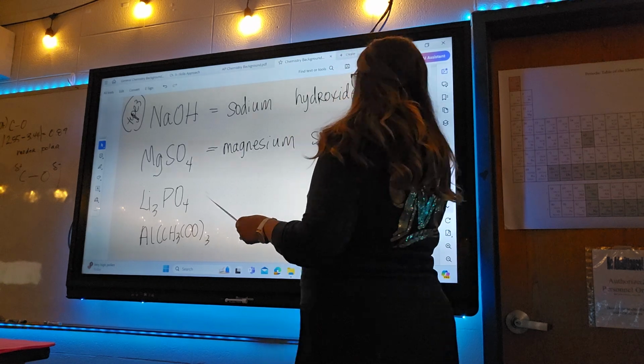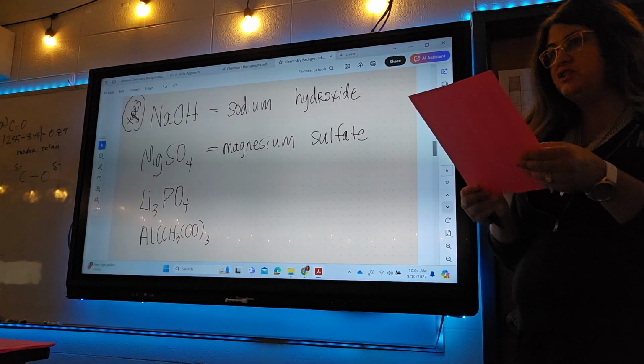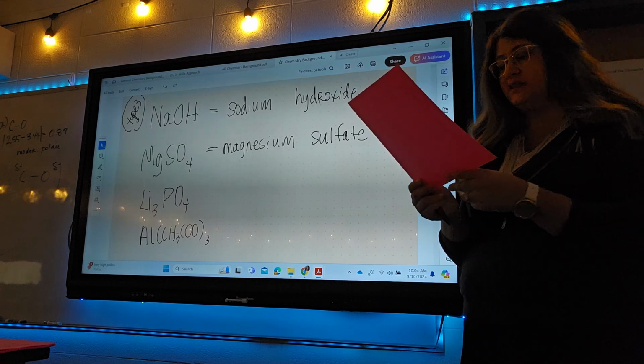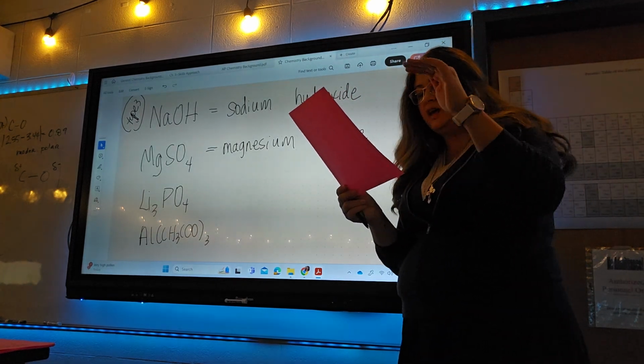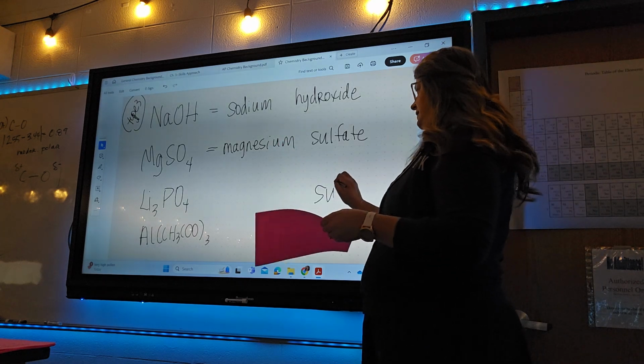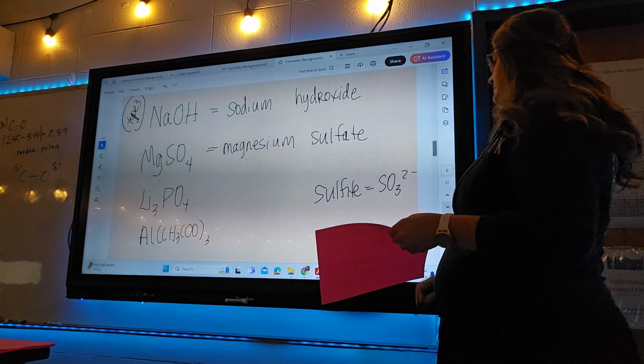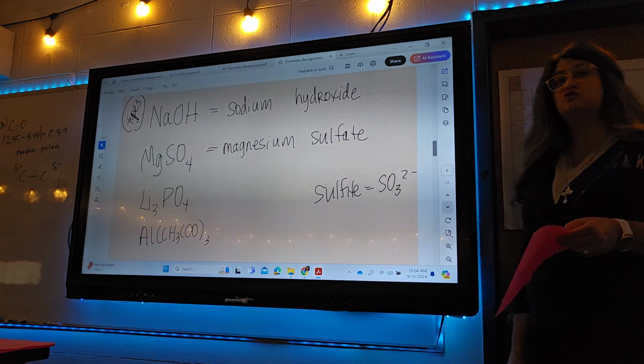SO4 is called sulfate. But wait, there are a bunch of things that look really similar to SO4. 2 lines down from sulfate is the word sulfite, which is SO3 2-. You have to be extremely careful.